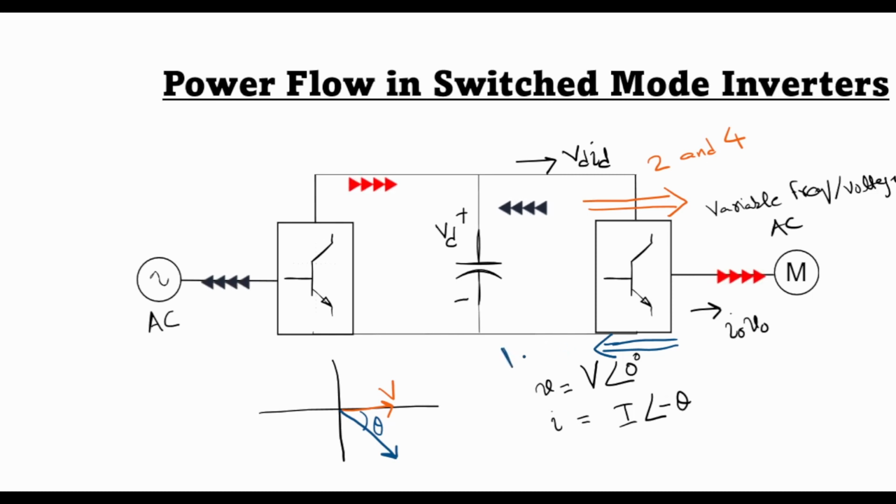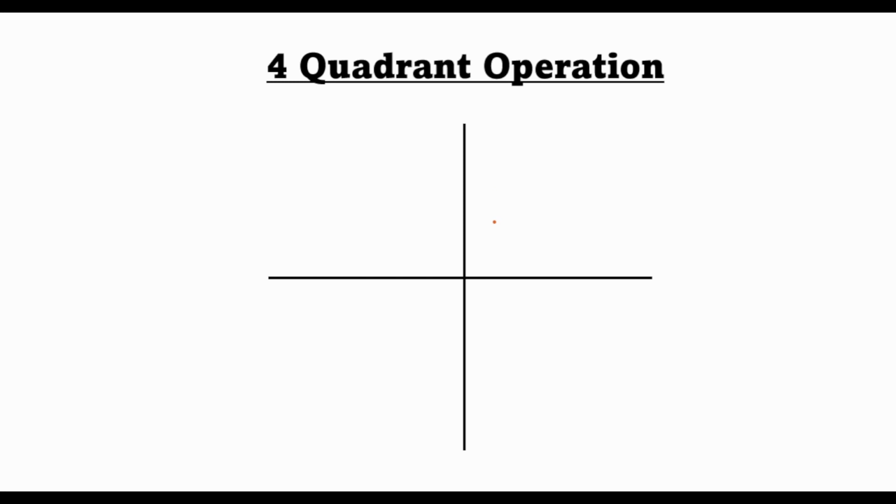So this is region number 1 and 3. In other words, these two regions are the rectifying mode of operation, while region 2 and 4 are the inverting modes of operation. So this can also be represented in the Cartesian plane.